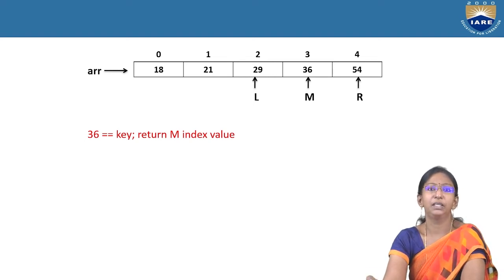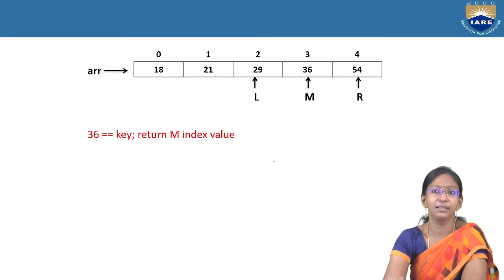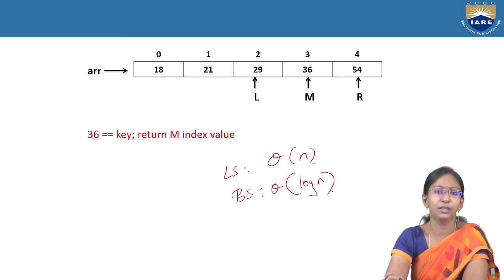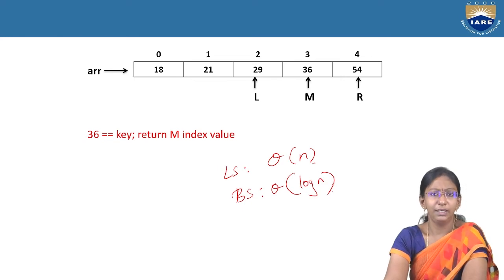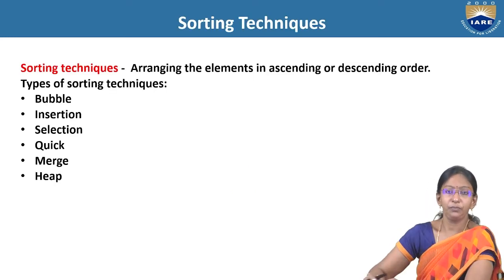As there are n elements, linear search complexity will be order of n, whereas binary search is order of log n. Very small when compared to linear search, because binary search at every stage breaks the list into two halves. Good. Next one.